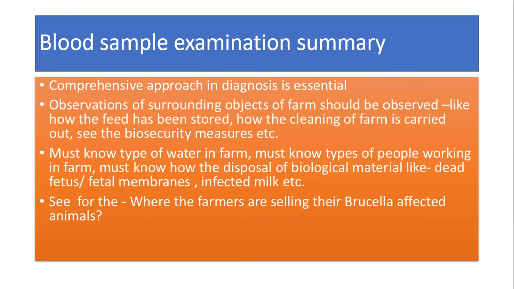Observation of the surroundings is the most important factor in the farm, like how the feed is stored, how the cleaning of the farm is carried out, how the biosecurity measures are in that particular farm, and we must know the types of water in the farms, the types of people working in the farm, and how they dispose of the biological waste material in that particular farm, like dead fetuses, fetal membranes, infected milk, and so on. That will be the source of infection, and ultimately other animals may get infected by that biological material.